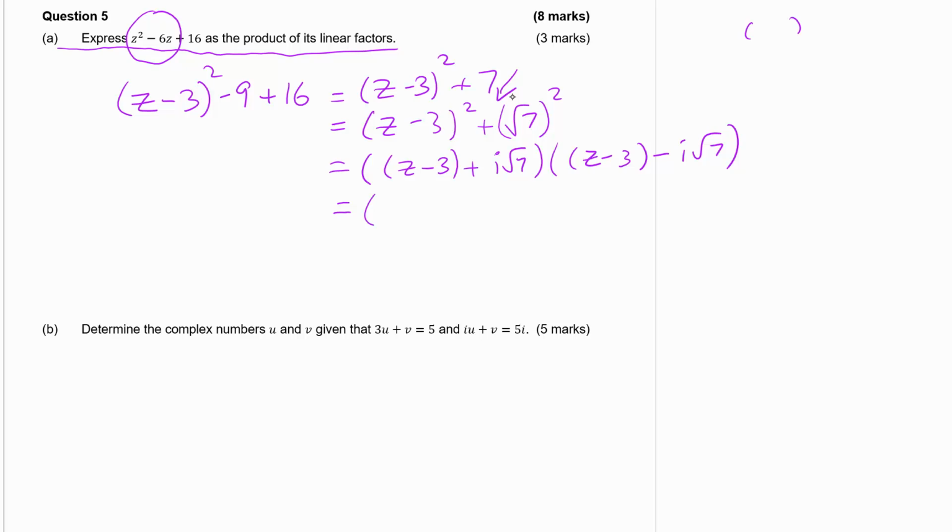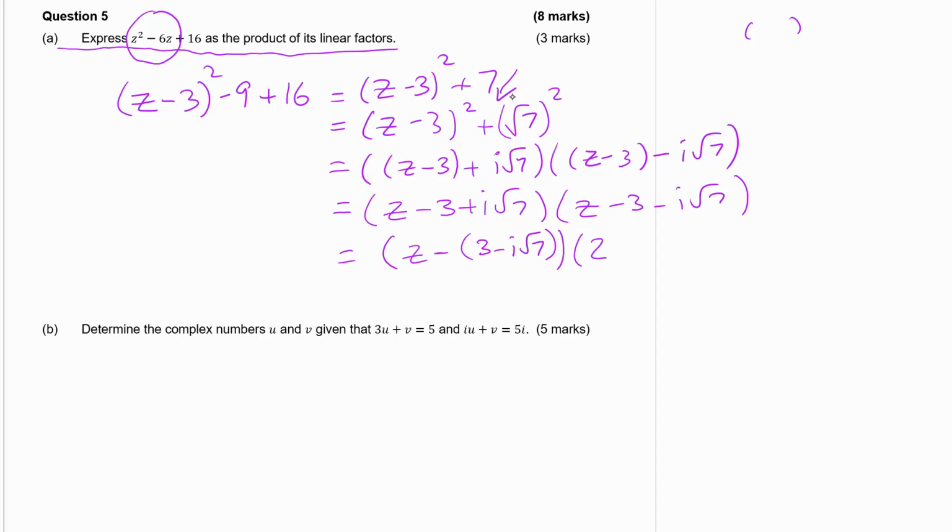Personally, I like to write that as z take away 3 take away i root 7 and z take away 3 plus i root 7.